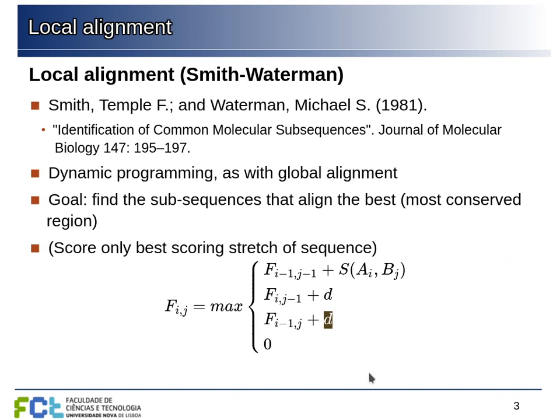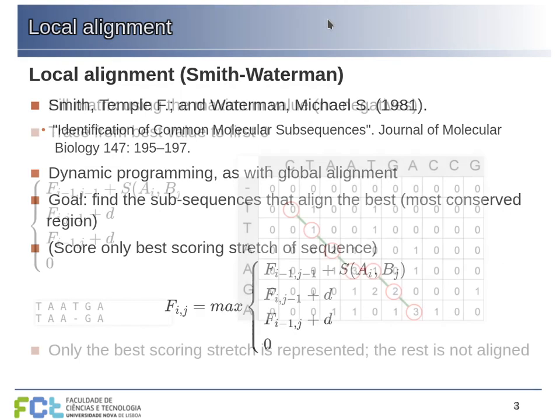But for the local alignment, we're also going to consider a zero here. In other words, whenever the best result is negative, we just give it a zero and start over. So we ignore things that give an overall result of a negative score.